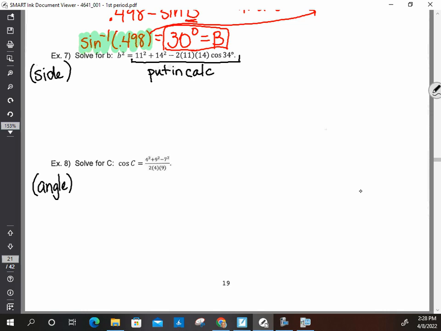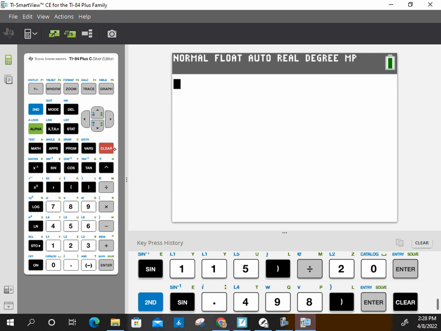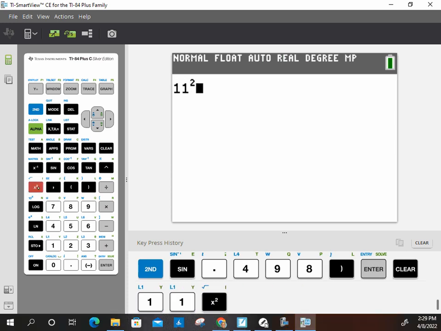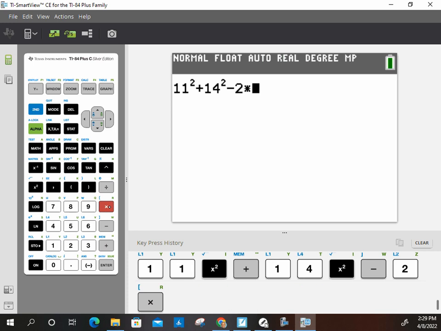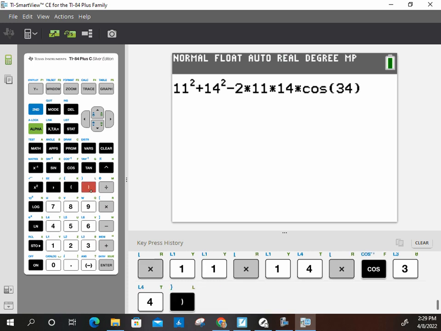So that's 11 squared plus 14 squared minus 2 times 11 times 14 times cosine of 34 degrees. The only thing you really have to do is to make sure you typed it in correctly.